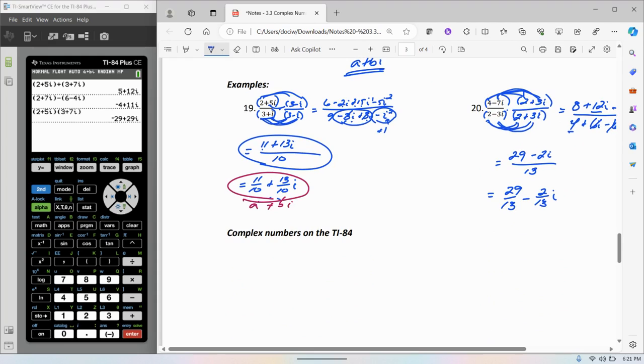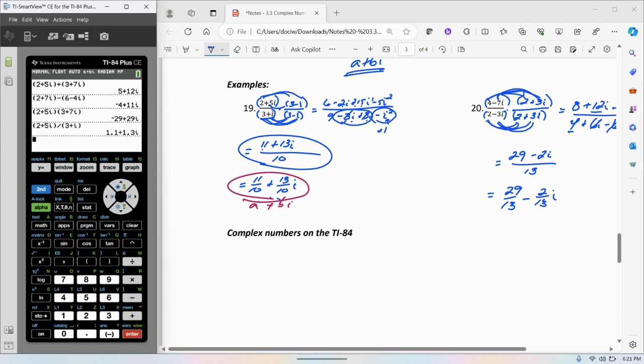Remember I told you it's impossible to divide complex numbers. I need to use this algorithm I showed you a few moments ago. If I want to do the division on the graphing calculator, however, parenthesis, and we're going to do the same one, that 2 plus 5i divided by 3 plus i. 2 plus 5i, close the parenthesis, divided by, open the parenthesis, 3 plus i, and close your parenthesis, press enter.